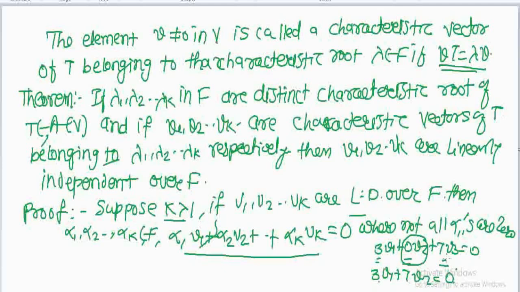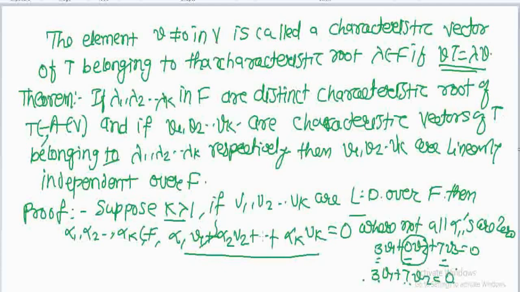Similarly here, if some scalars are 0, we omit that scalar and that vector and renumber, so that we get the shortest expression, meaning it is not possible to reduce it further.